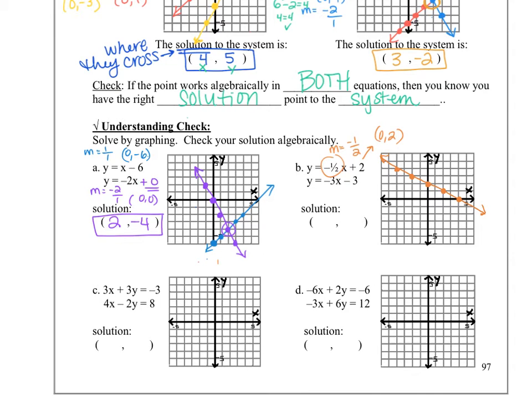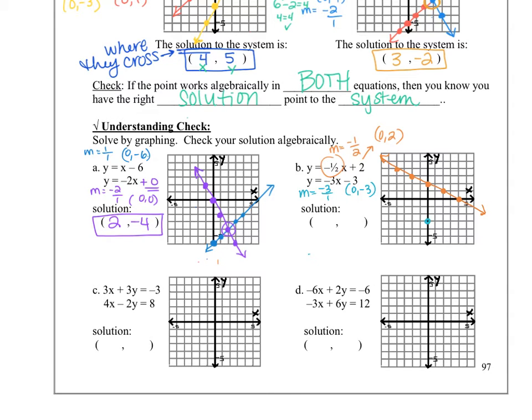All right, so there's that guy. And then your other one would be, let's get some other colors. Okay, here we go. So 0, negative 3. And your slope is negative 3 over 1.